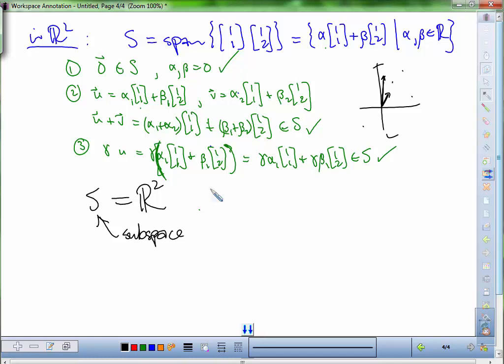Does that make sense? So R2 is a subspace of itself. Okay?